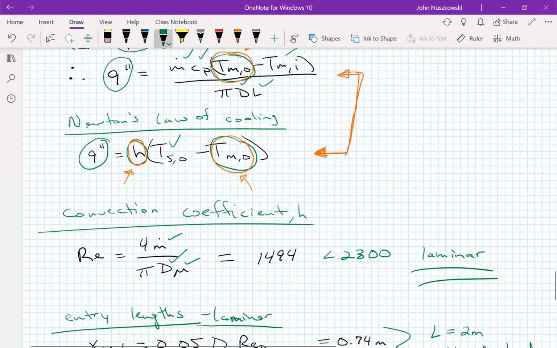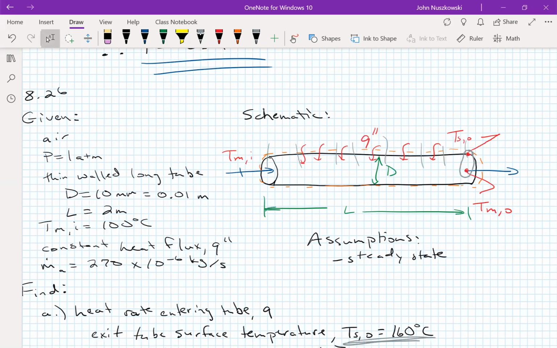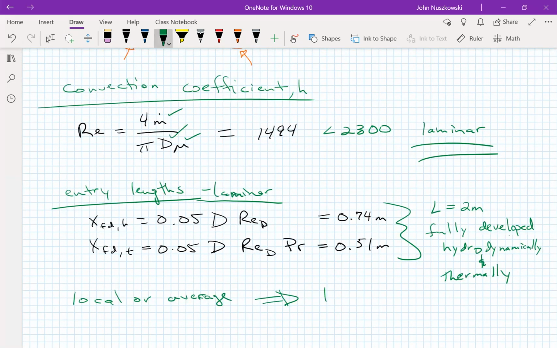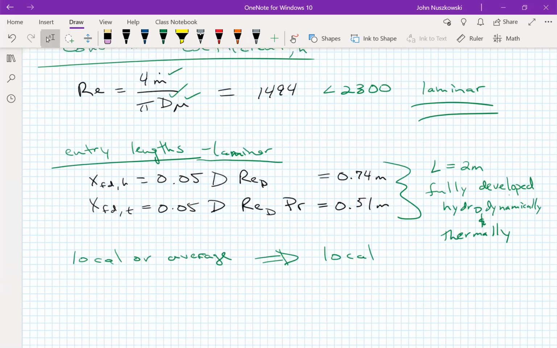So if we're solving at the exit, which one are we looking for, right? Local. Yeah, we're going to look at local, right? And we already know we're internal flow, so the geometry is internal flow. So we have these three things that help us define and go get our equation, right?